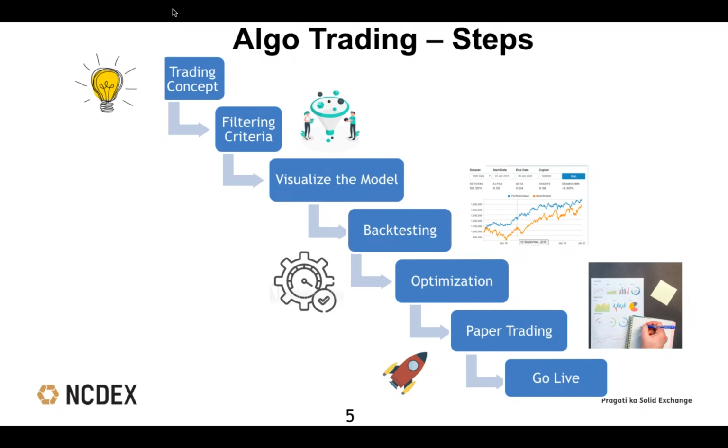We have covered how to conceptualize the trading idea, how to filter the criteria on the trading concept, how to visualize the model, how to do the backtesting, how to do the optimization, and still have to see how to do paper trading. I will tell you what paper trading is and what the important aspects of paper trading are, and how to go live.